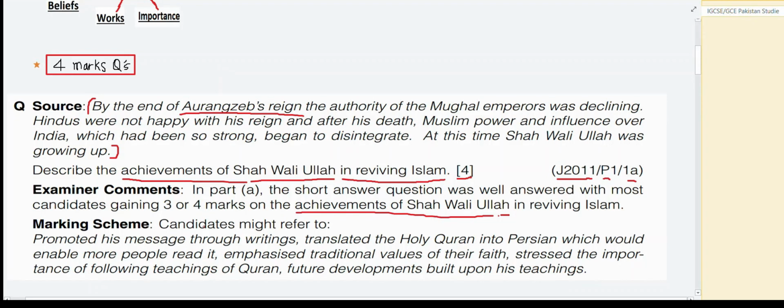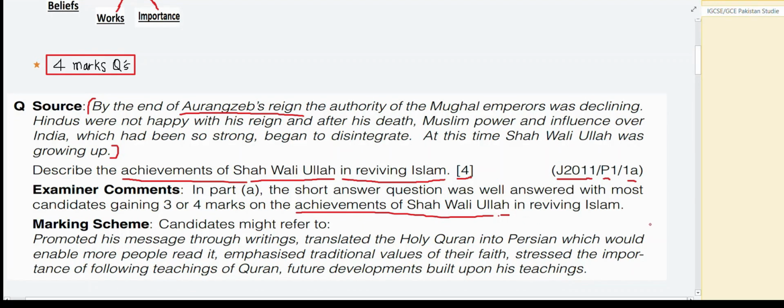Marking scheme, candidates might refer to: promoted his message through writings, translated the Holy Quran into Persian, which would enable more people to read it, emphasized traditional values of their faith, stressed the importance of following the teachings of the Quran, future developments built upon his teachings.